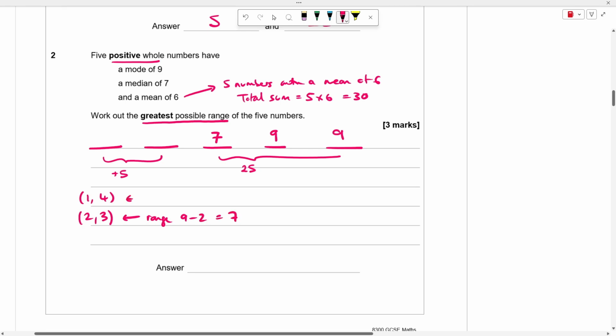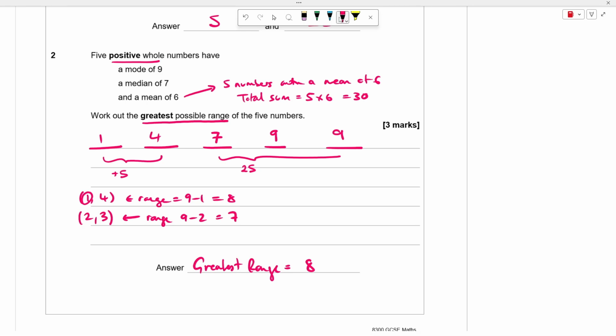However, if I picked 1 and 4, then the range is going to be 9 take away 1, which is 8. So that means that the greatest range is going to be 8, and that's by having the two missing numbers as 1 and 4. When I say missing numbers, you know what I mean.